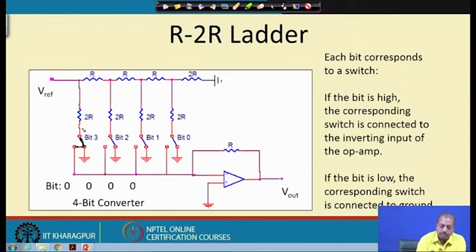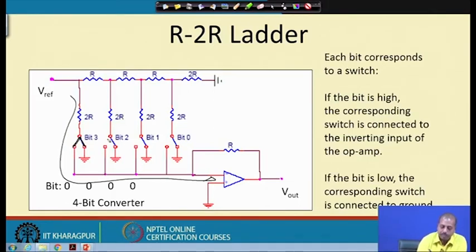If it is connected to the other side, then there is a current flow contribution. So, either the connection is like this or like this. If it is connected like this, there is no contribution of this bit, and if it is connected like this, then the current flows in this fashion.